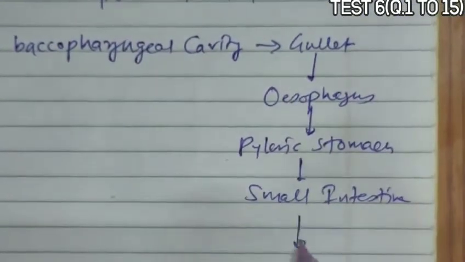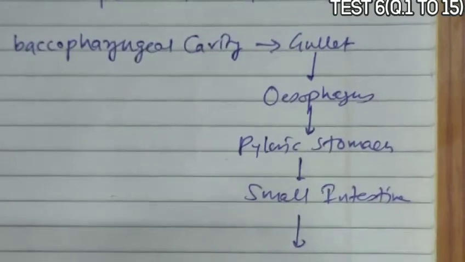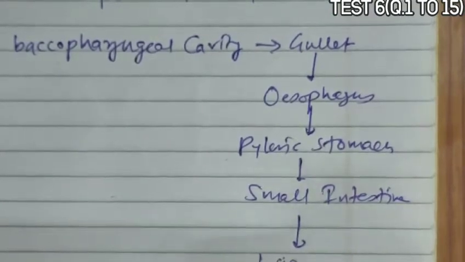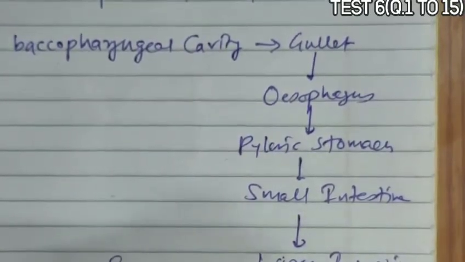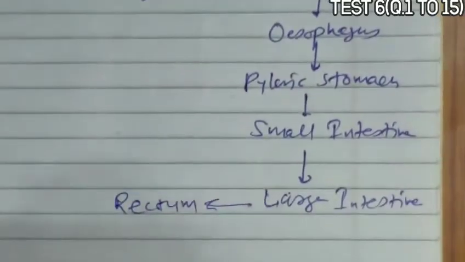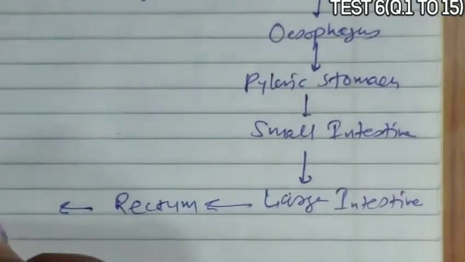After the small intestine, you will find a large intestine. The large intestine is followed by rectum, and rectum leads to the cloaca.